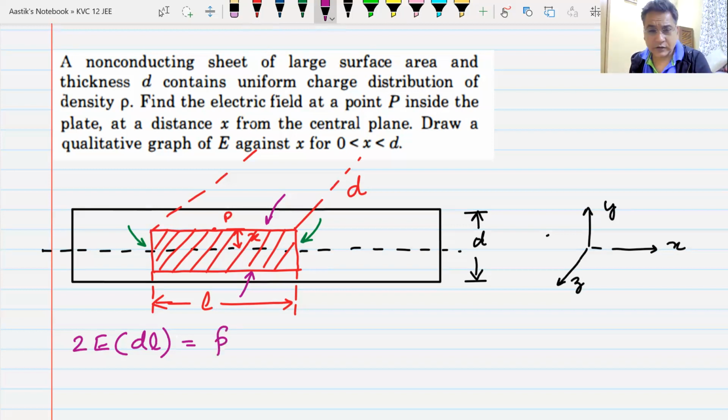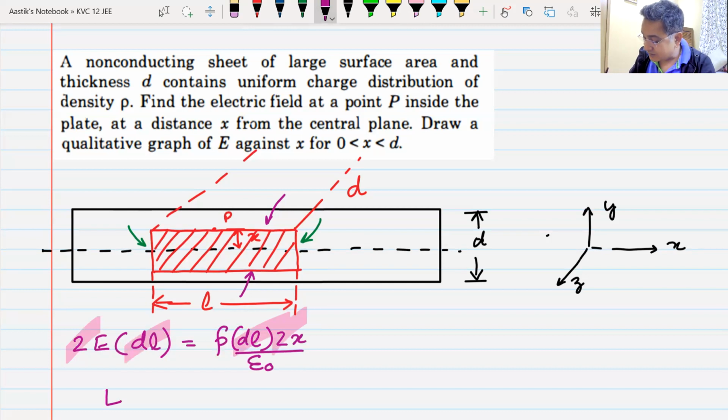The area is D into L, and the width is 2 times x, x on the upside and x on the downside, divided by your favorite epsilon naught. D into L and D into L will get cancelled, the 2 and 2 will get cancelled, and you will end up with the answer E = rho x by epsilon naught.